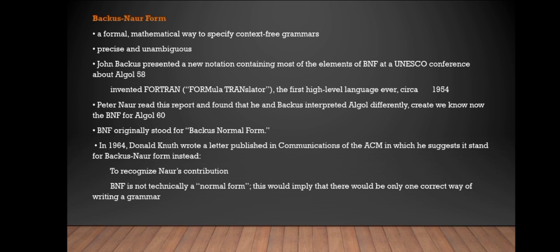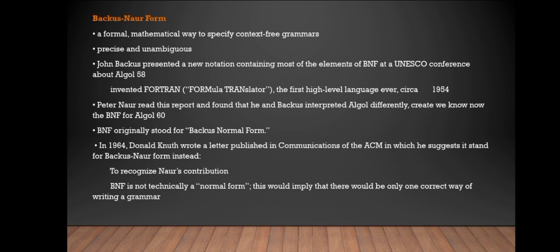Naur was a Danish astronomer turned computer scientist. BNF originally stood for Backus Normal Form. In 1964, Donald Knuth wrote a letter published in Communications of the ACM in which he suggested it stand for Backus-Naur Form instead.